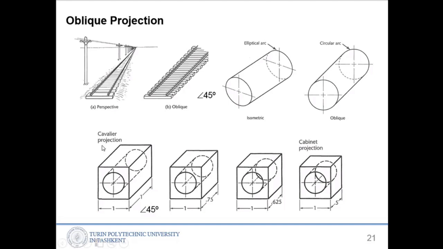The proportion of the shape is 1, and the side is also 1 in Cavalier projection. In cabinet projection the side proportion is mostly 50% of the front length, sometimes 0.75, so 75% of the front length.